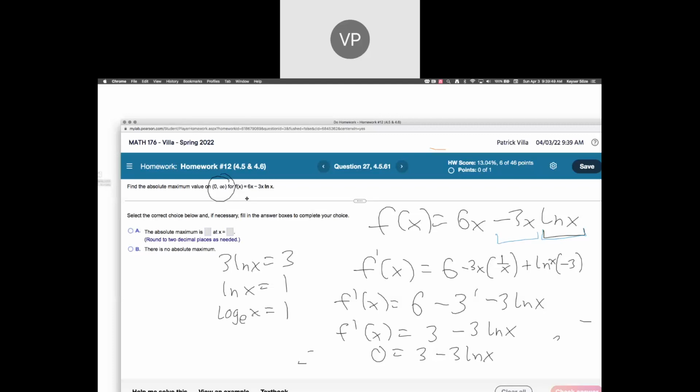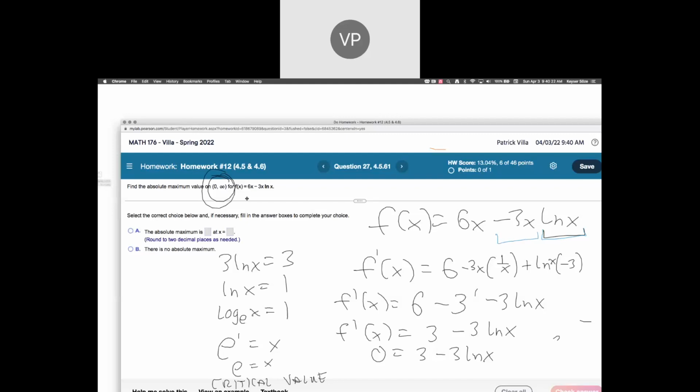So the question is, what value, if I rewrite this, not even what value here, it's even simpler. What it's asking is, what power do you put on the e to give you an x? Well, if I switch forms, all it's saying is e to the first equals x. So e equals x. This is my critical value. And remember, e is like 2.7, so it is in between 0 and infinity.